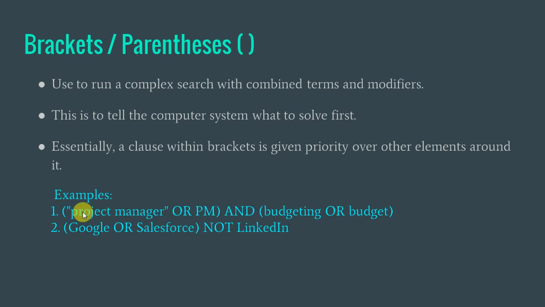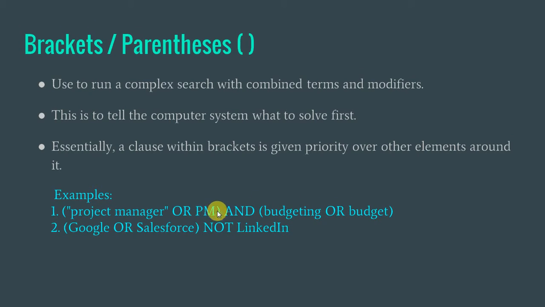So this means that a computer will look into the terms within the bracket first, given priority over the ones that are not. For example, if yours says project manager or PM and budget without this bracket, we're actually letting the computer system search for the project manager first and then the budget.